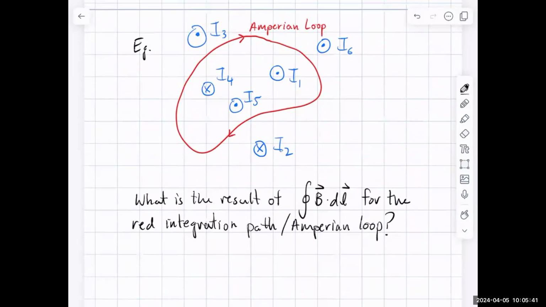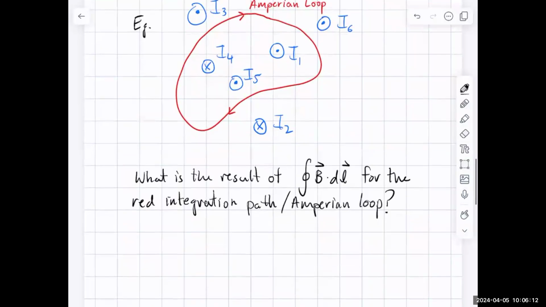And 3 of the currents, I1, 4, and 5, are inside this loop. And then the other 3, 2, 3, and 6, are outside. And so the question is, what would the result of the integral B dot dl evaluate to for this configuration of currents and for this particular integration path?